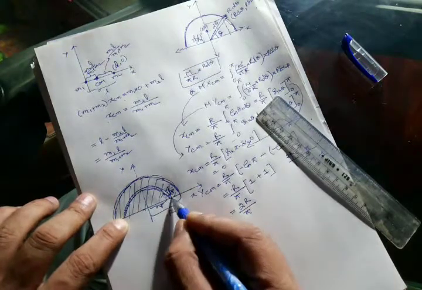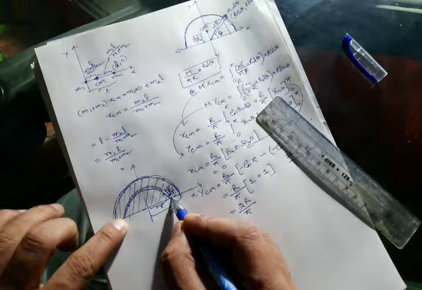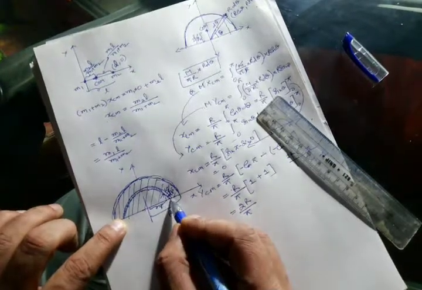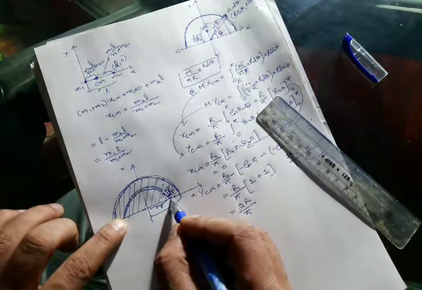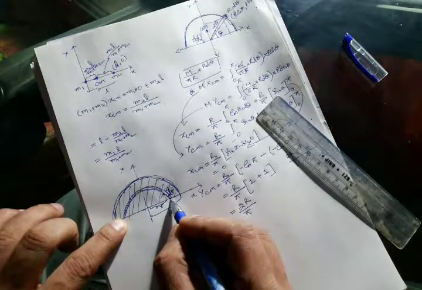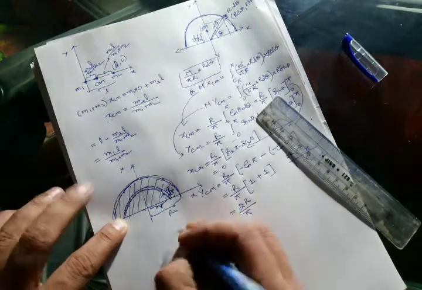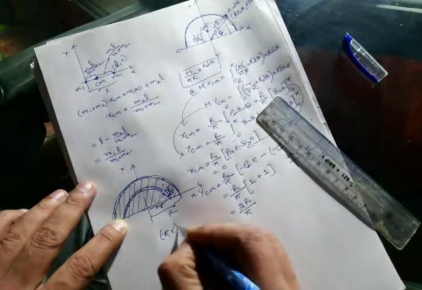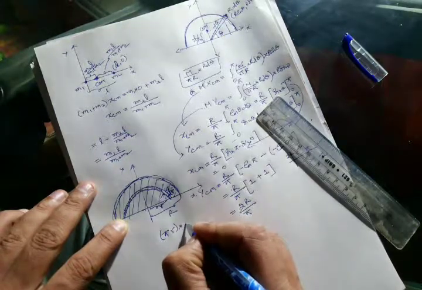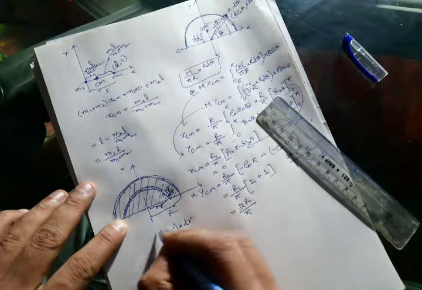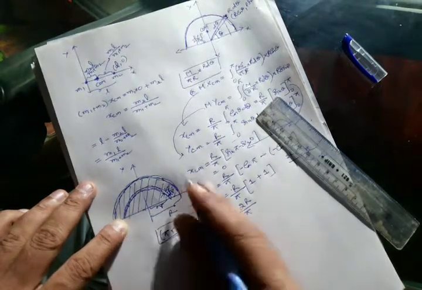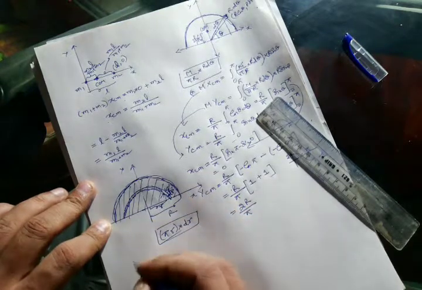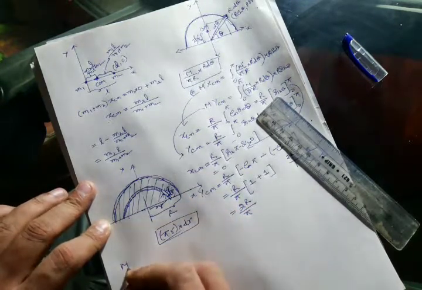It's not 2 pi r, since for half of the ring the length will be pi r, and the area will be pi small r into dr. This is the area for this ring. The mass of the whole semicircular disk is m.